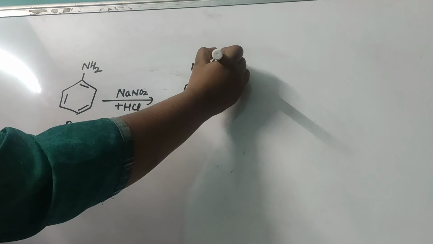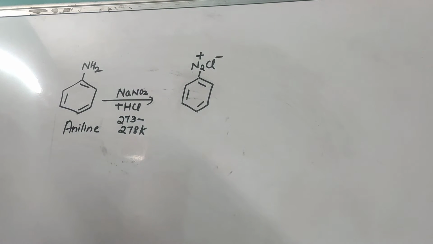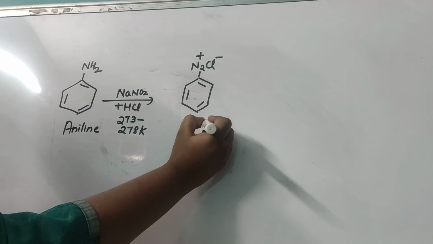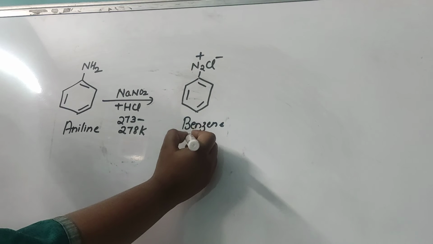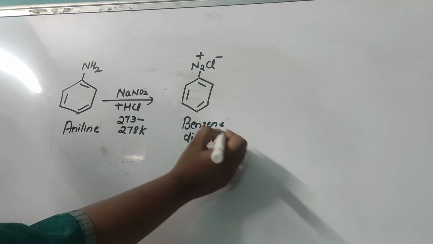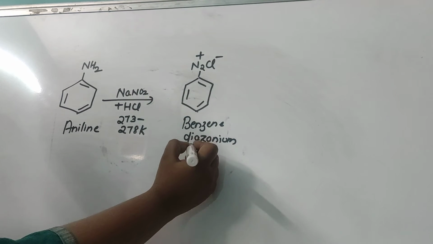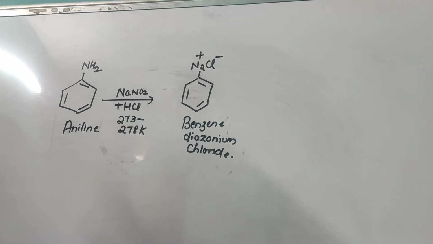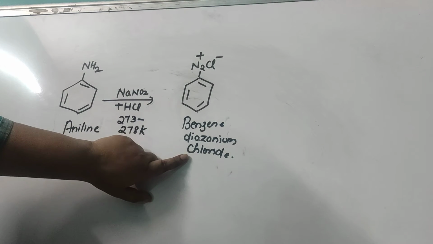Here Cl has a minus charge, this has a positive charge, and this is called benzene diazonium chloride. You can see the benzene ring here. This N2 is called diazonium, and this is a diazonium salt because chloride is there.